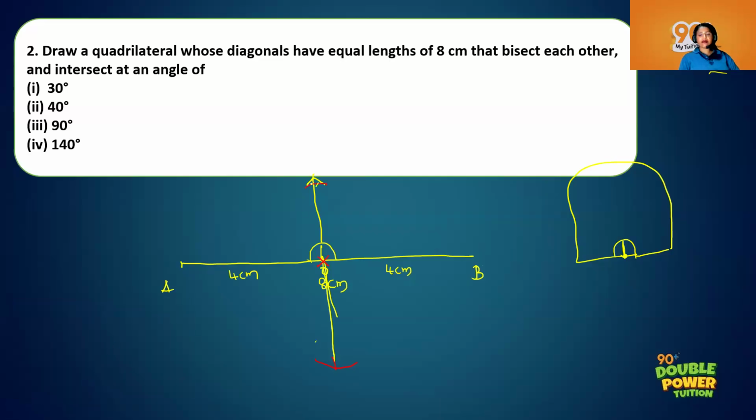Then give names C and D. Now join each. If you draw correctly, you will get a perfect square.